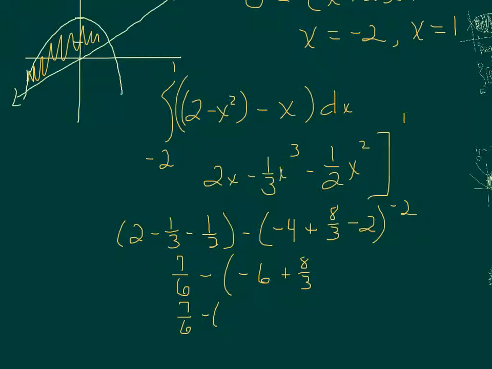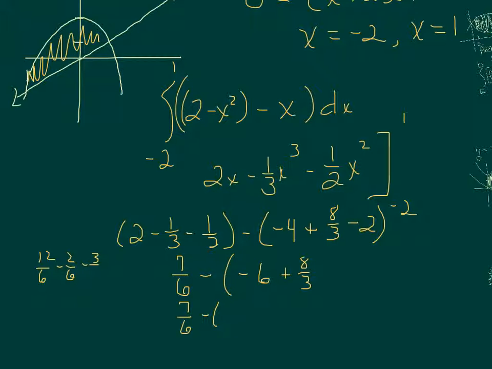Wait, I did something wrong. -4 plus 8/3 minus 2. Maybe it was over here. 12/6 minus 2/6. Then you'll add the 7/6. It's your negative 2. No, it's negative.